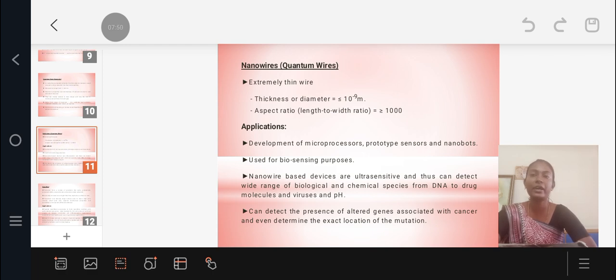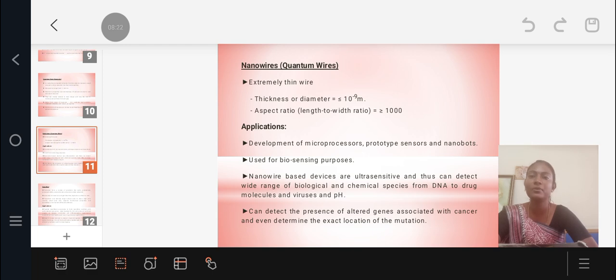Next, nanowire, also called quantum wires. An extremely thin wire, with diameter equal to or less than 10 power minus 9 meter. Aspect ratio equal to or greater than 1000. Applications of nanowires: development of microprocessors, prototype sensors and nanorobots.